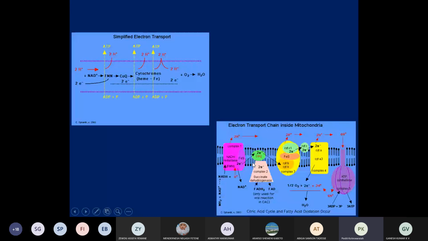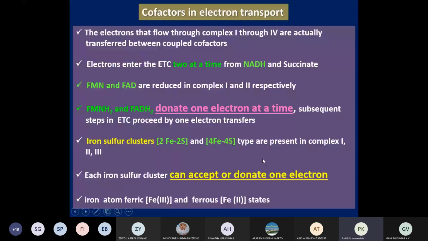Now coming to the cofactors, as I already said, many cofactors are involved in the electron transport chain, as I listed just now: FMN, FAD, and FMNH2, FADH2. FMNH2 and FADH2 can donate electrons one at a time. This we will explain later.